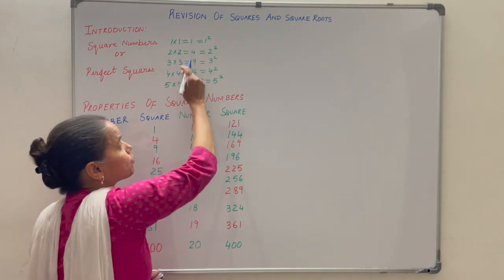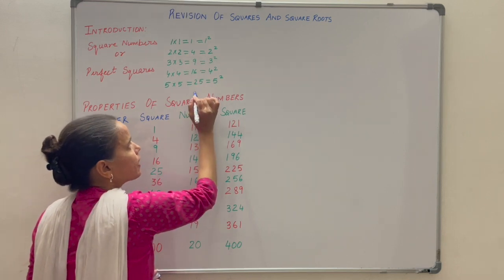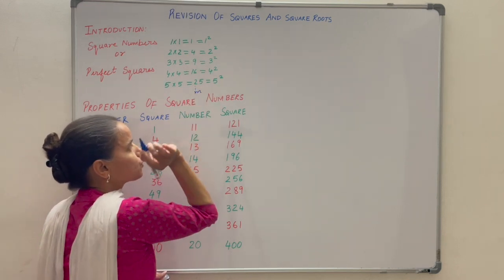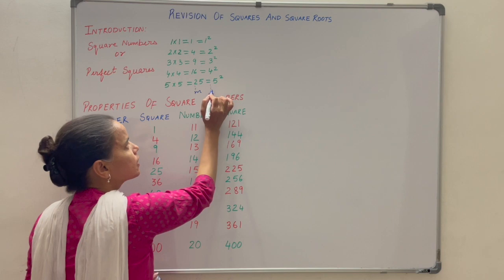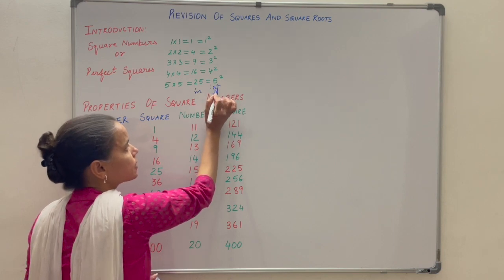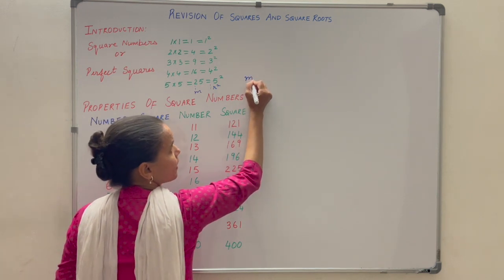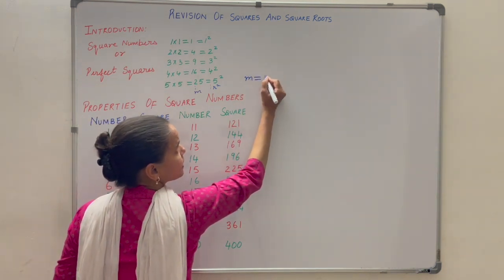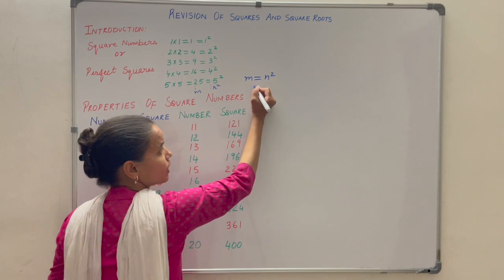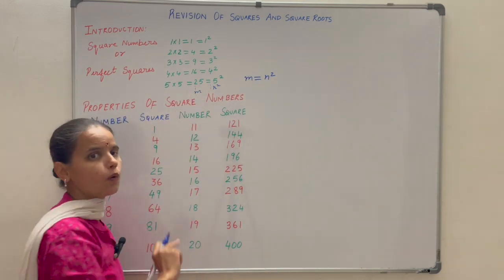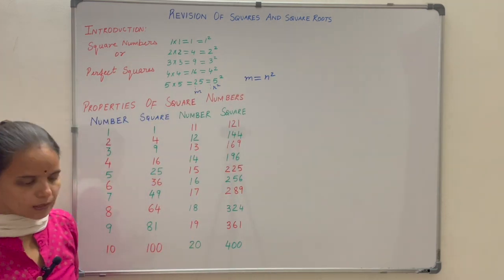If I assume all these perfect squares as a variable m, it goes to infinity here, and here also it goes to infinity. So this is n square. So a natural number m can be expressed as n square, where n is also a natural number, then m is called a perfect square.